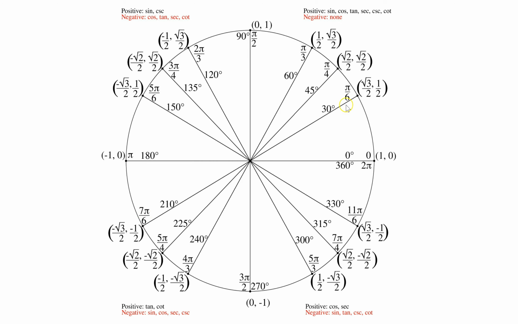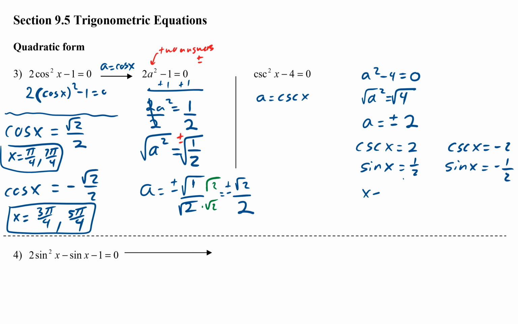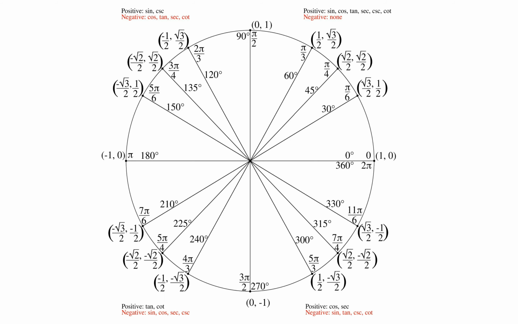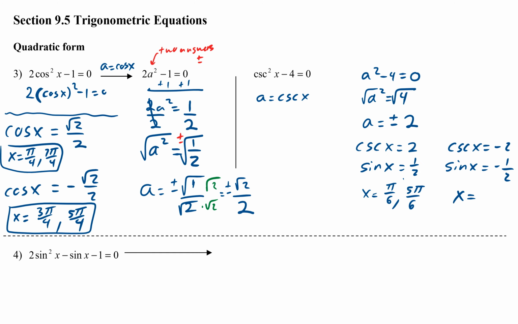But just to keep it even, we'll do the pi over 6 and 5 pi over 6 for the first one. And then the two negatives. So negative 1/2 would be 7 pi over 6, and negative 1/2 is 11 pi over 6. All right, so let's double check them.